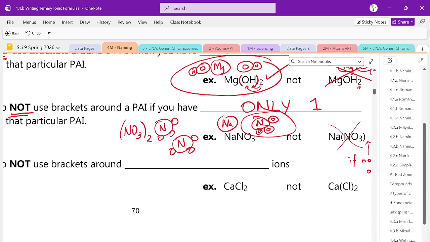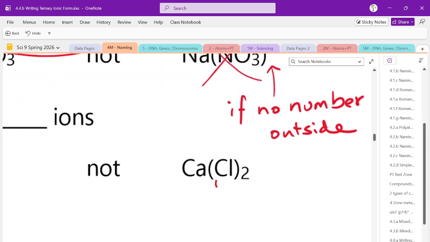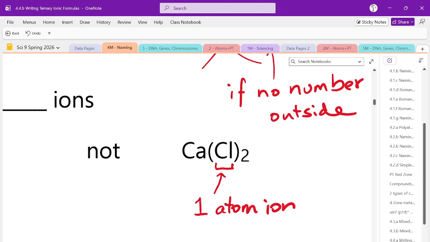And you never use brackets around, what do we call it when there's just one atom? A one atom ion. A one atom ion is not a polyatomic ion, it is a monatomic ion.